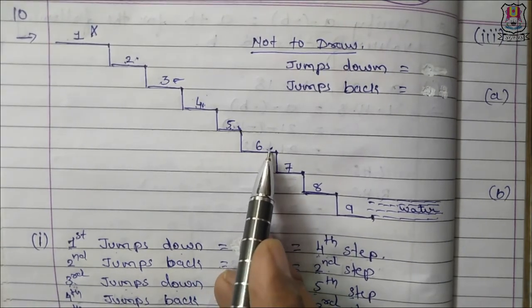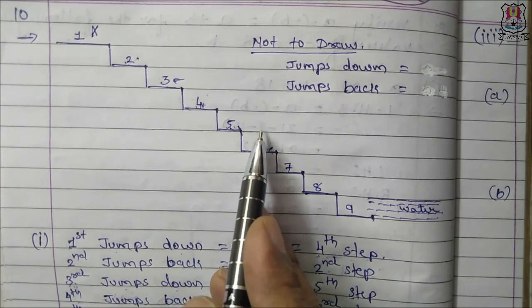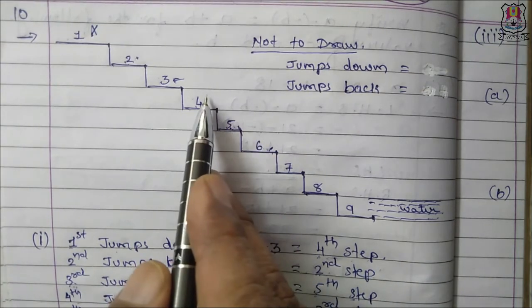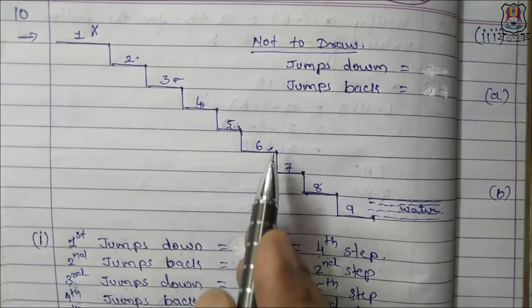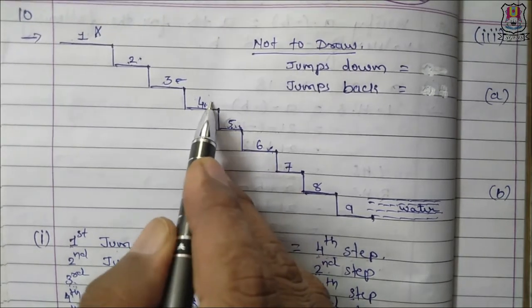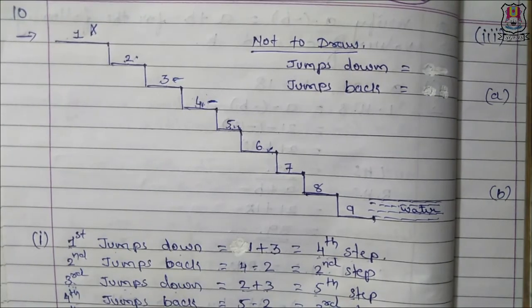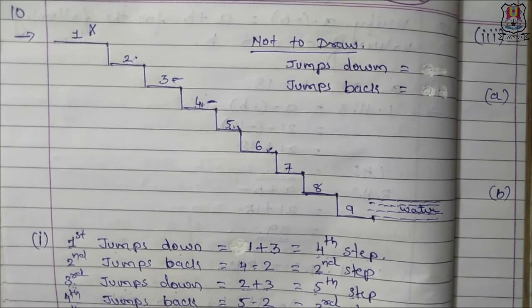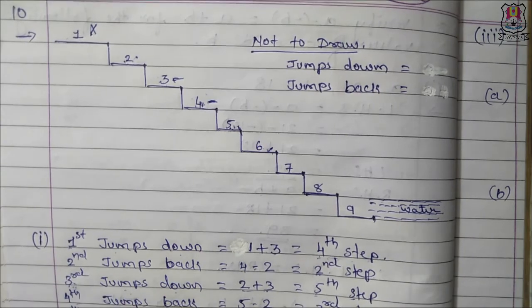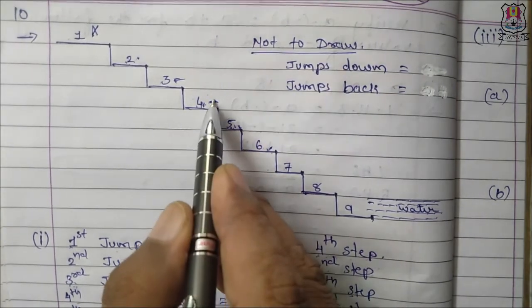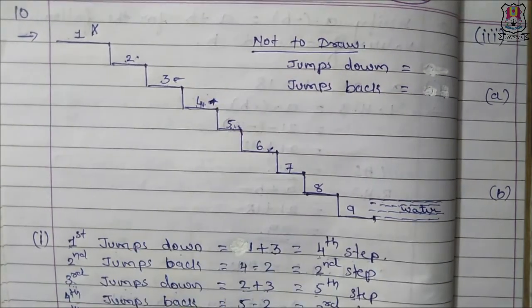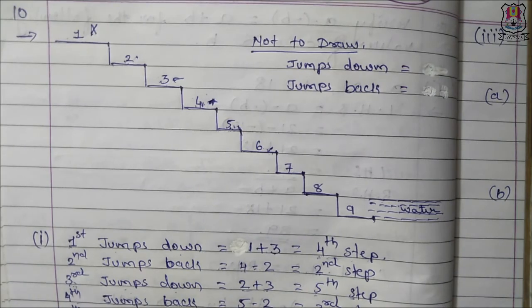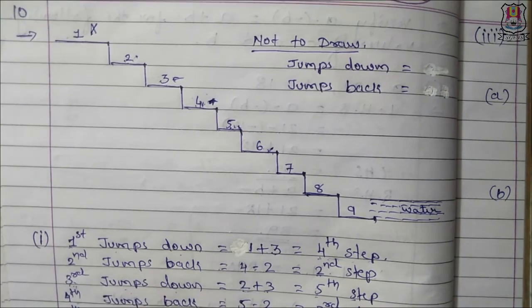Now again the same process he is repeating, that he is going back 2 steps. So from 6th, first and second, now he is over here. So 6th jump he is jumping back 2 steps, so he was on the 6th step, minus 2 steps, so he is on the 4th step now. So monkey is over here on the 4th step. And how many jumps has he attempted till now? 6 jumps.